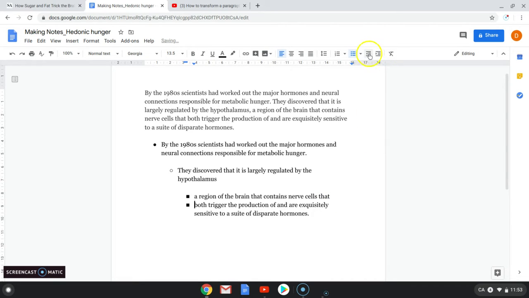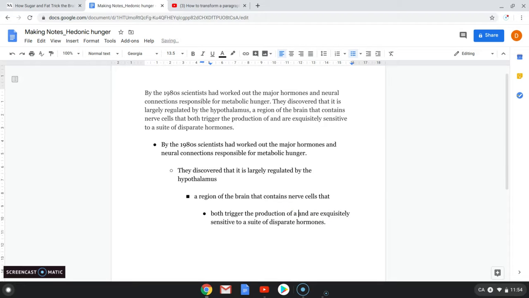Whoops, I'm getting a little lost over here. I want to indent this more because now it's the things at the region of the brain, the nerve cell, what the nerve cells do. They trigger the production of what again? Of these disparate hormones. Let's copy that into here.